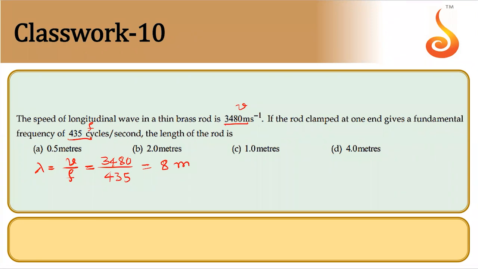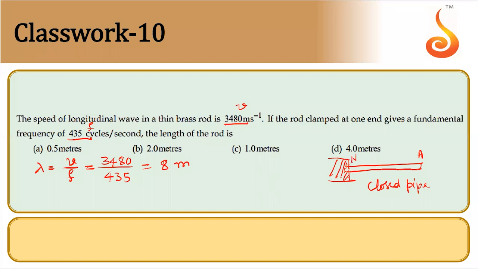So it's a rod fixed at one end. So if it is a rod fixed at one end, then its frequency should be similar to closed pipe. So here there must be antinode, here there must be node.